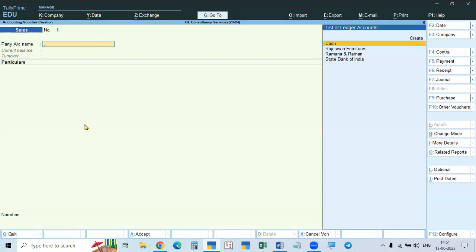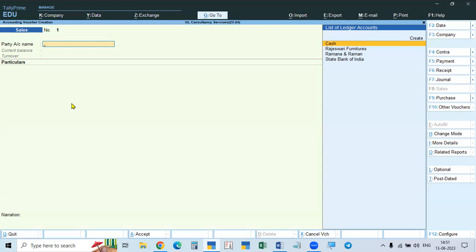But in any case, when you are purchasing and selling, the voucher type will be purchase and sale, for goods and services. This is the voucher for selling and for purchasing. But when you are recording the ledger accounts for goods only, purchases and sales accounts in the ledger we have to create.